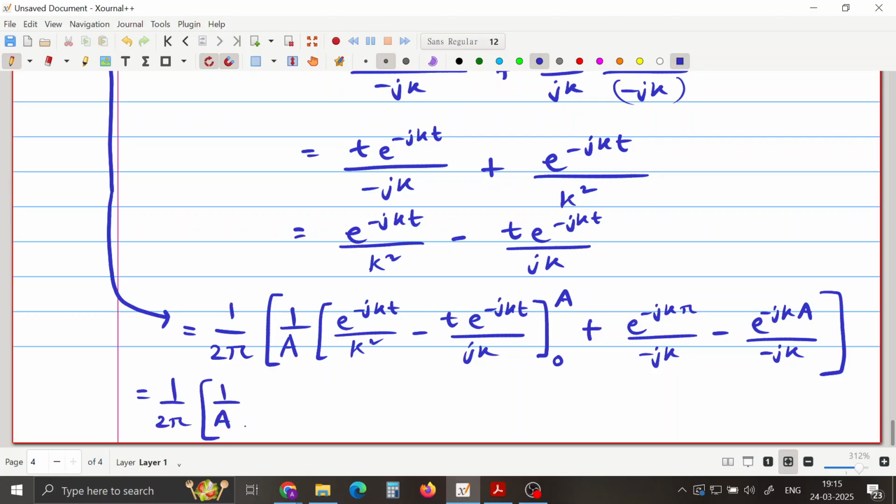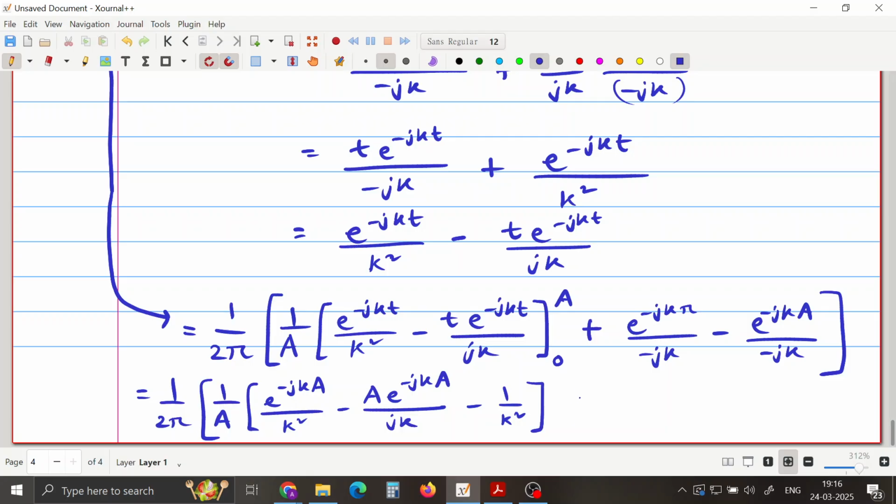Now let us substitute the limits. So e power minus jk A, because my upper limit is A, into e power minus jk A divided by jk, then I have 1 by k square, and this term will go away because the lower limit is 0.